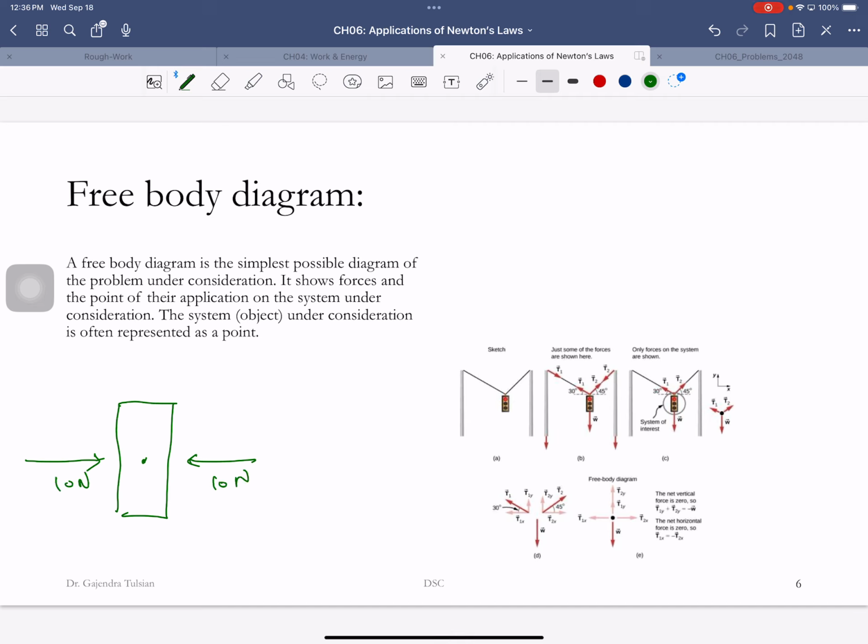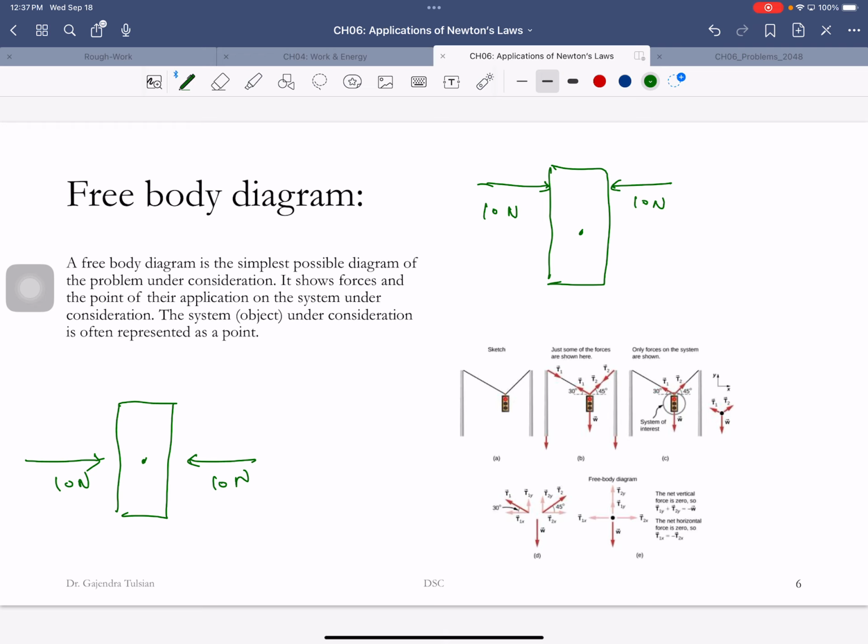Will this object move? Those are the only 2 forces acting on the object. This object will not move. It'll be at rest. How about now?